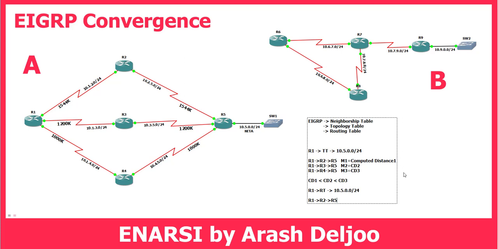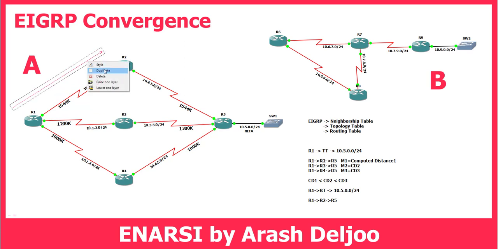But let me say that after selecting the best path, in EIGRP, you know that we are holding the other paths inside the topology table. Why should we hold the other paths in the topology table? The answer is so easy, because it is possible the best path fails.